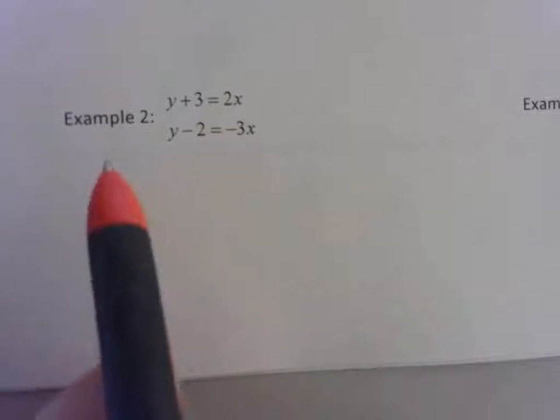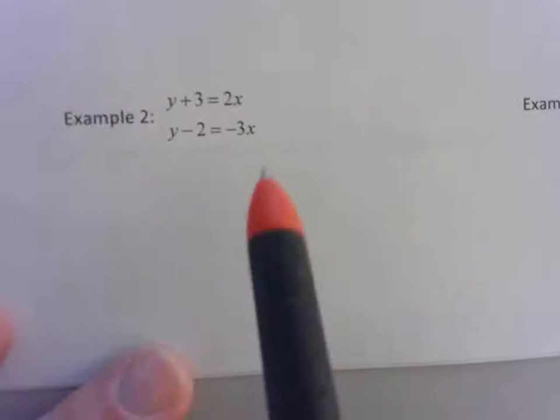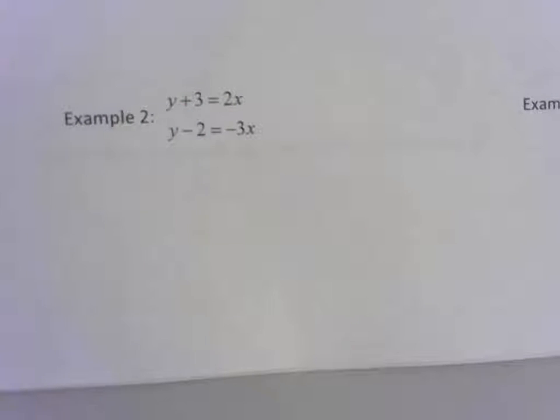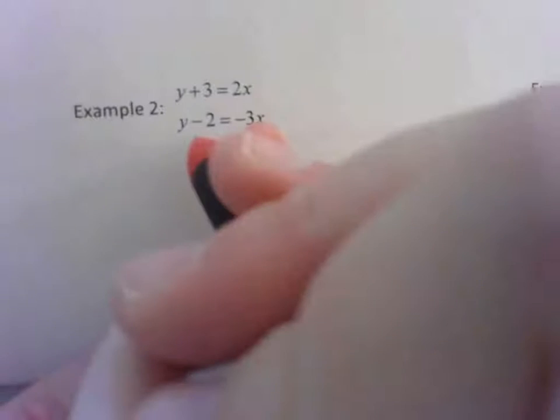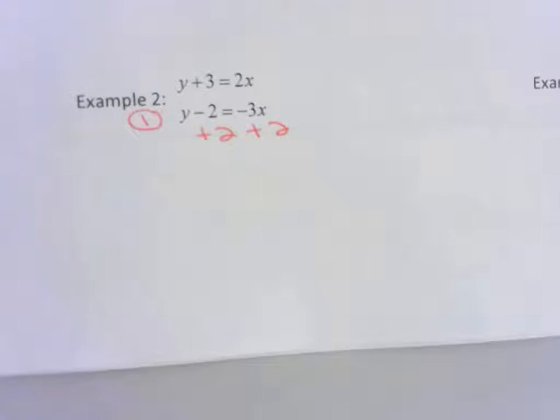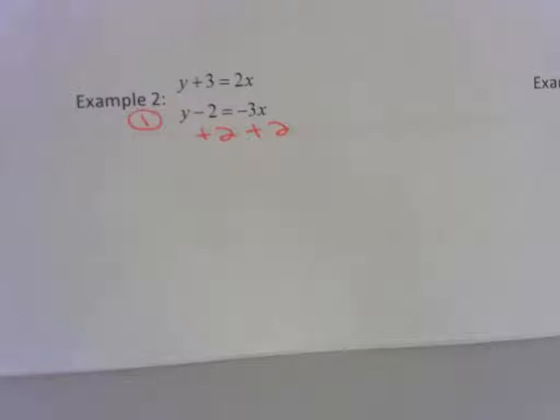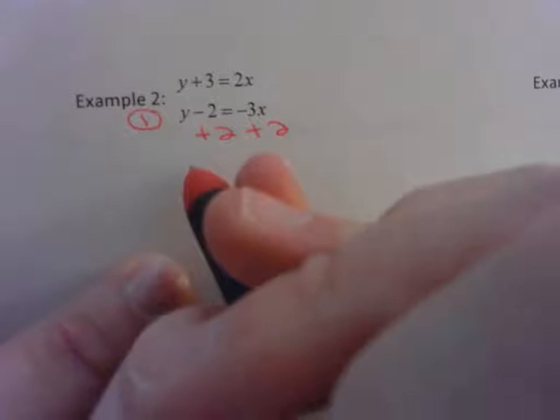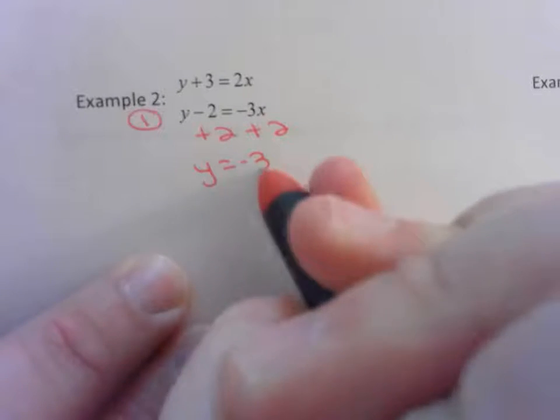Which equation would be easiest to get x equals or y equals? Doesn't really matter, the bottom. So I'm going to add 2 to both sides on the bottom to get y by itself. Either equation is just as easy, because it's either subtract 3 or add 2, so I'm going to add 2. So my bottom equation is y equals negative 3x plus 2.